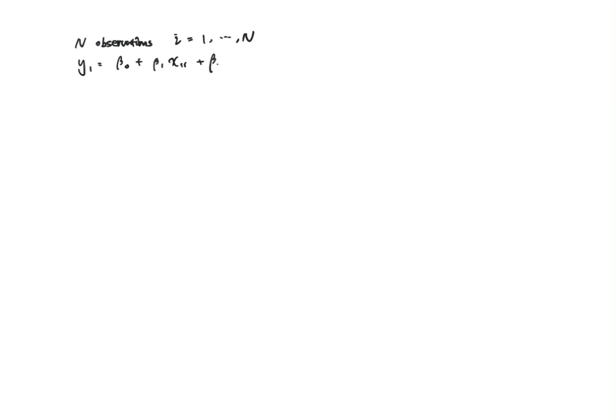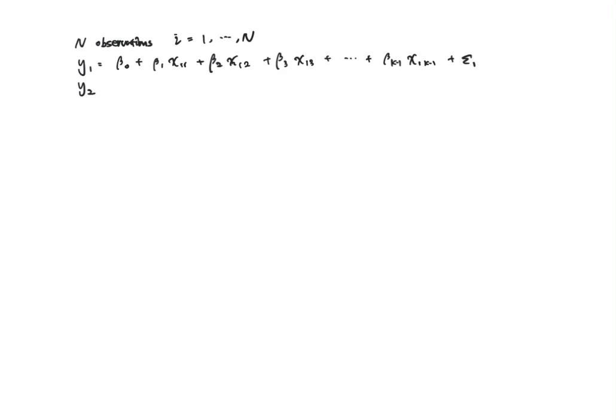Plus beta 2 x12, which is the second explanatory variable of the first observation, and beta 3 x13 and so on, up to beta k minus 1 x1 k minus 1 plus epsilon 1.